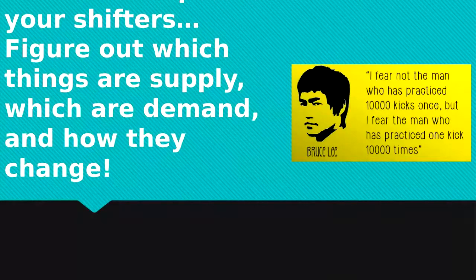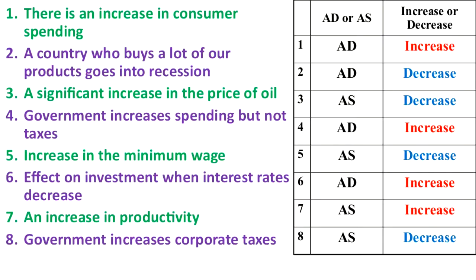So the best thing I can do for you is to tell you to practice your shifters. Do you really know what C plus I plus G plus X minus M do in an economy? Do you really understand IRAP? I put in here for you a little practice thing. You'll see this on the slides, where you can go through and say, okay, there's an increase in consumer spending, right? What is that? Well, that's going to be aggregate demand, because that's the C part of consumer spending.